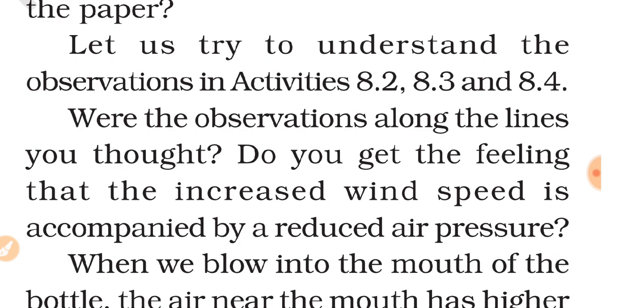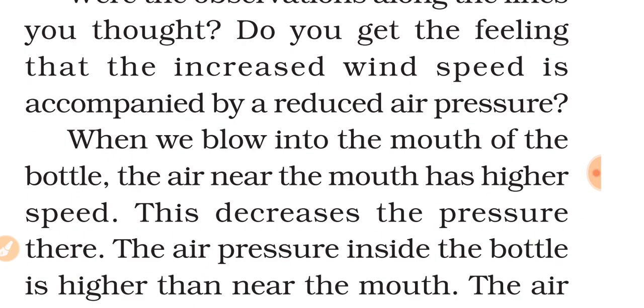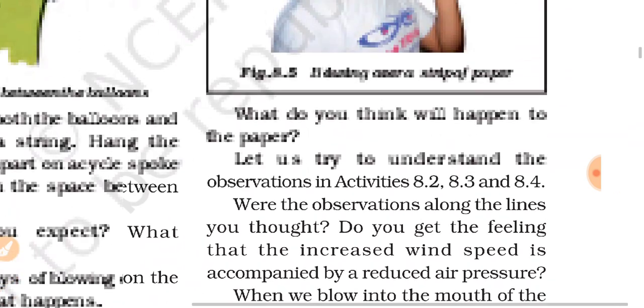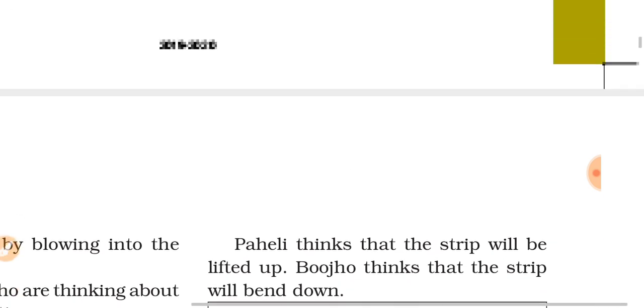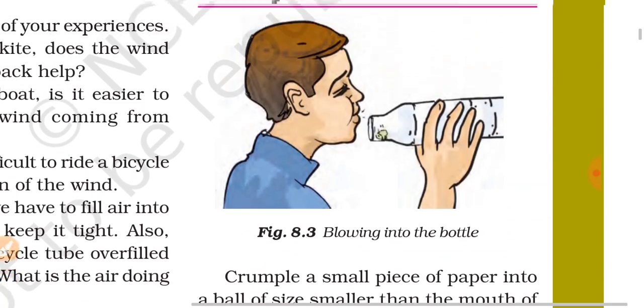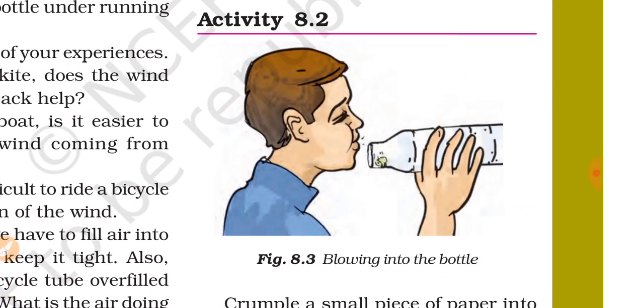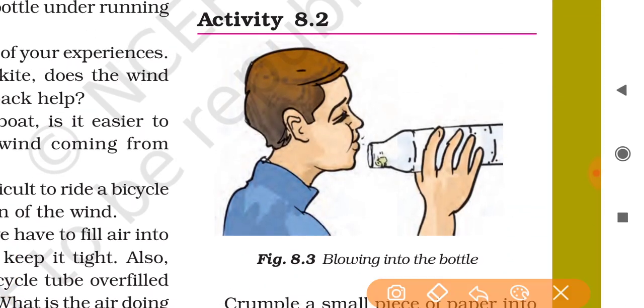Okay, when we blow into the mouth of the bottle, the air near the mouth has higher speed. Whenever you do the first activity, you have to understand that very well, then you can understand it. We are not able to do this activity easily because the air in our mouth is at high pressure.